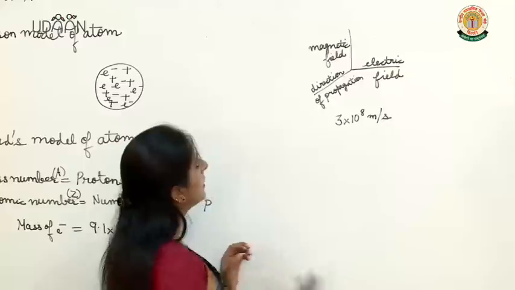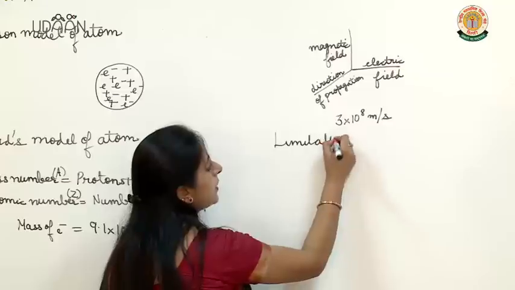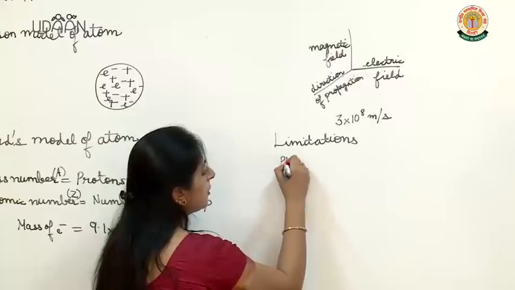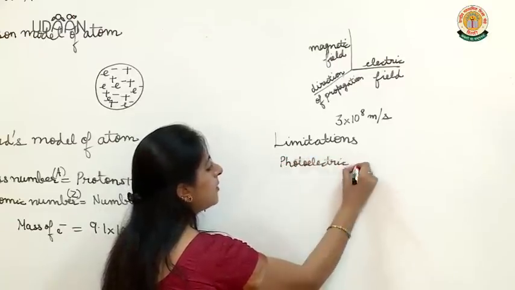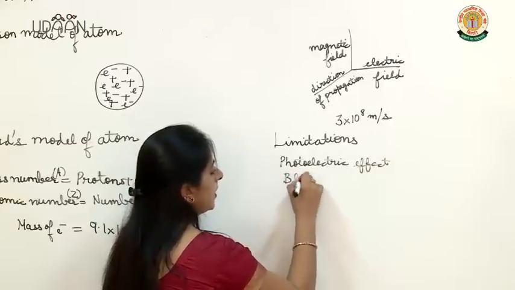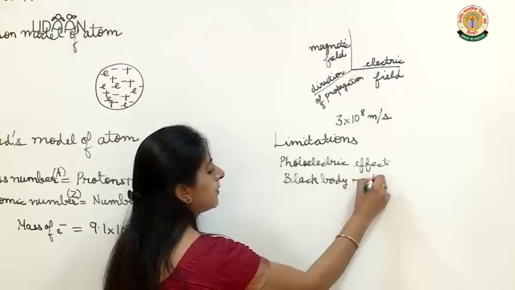Now, what were the limitations of electromagnetic wave theory? The limitations were that it could not explain the photoelectric effect, and it could not explain the black body radiation.